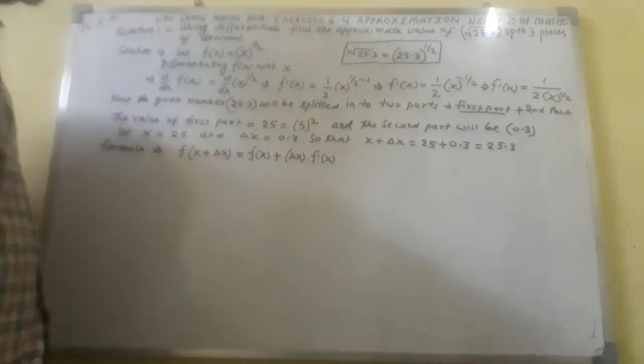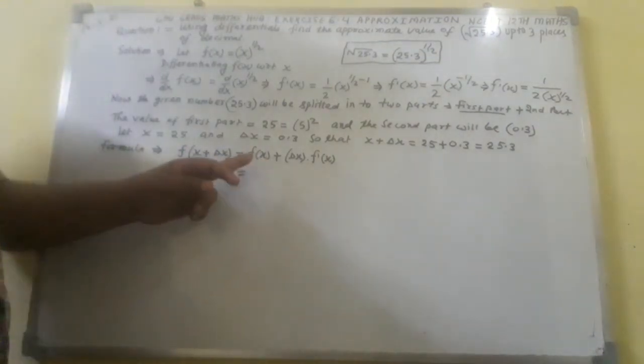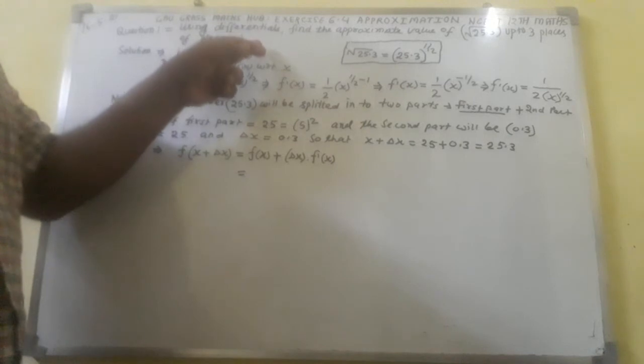So what will we do here? Here I shall write f of x. The value of f of x I shall get from this place: f of x equal to x raised to the power 1 over 2.